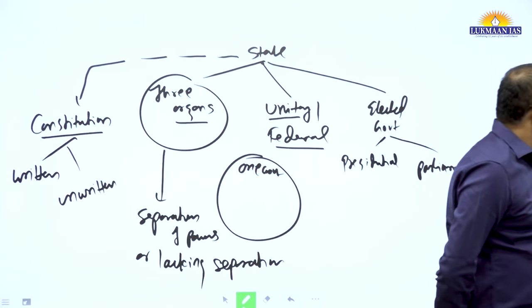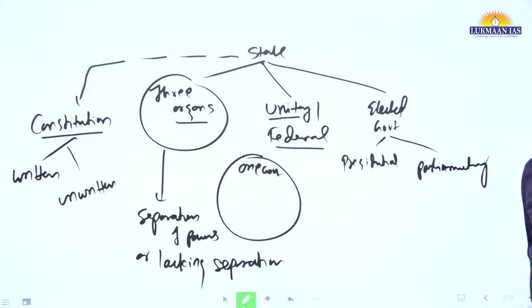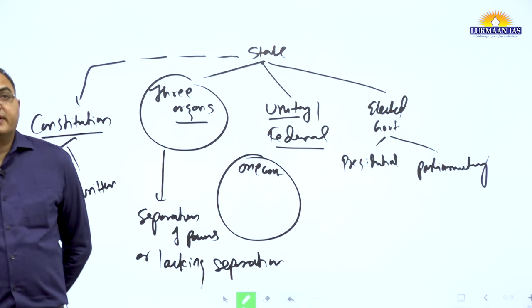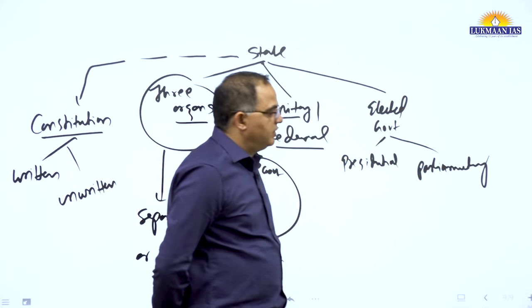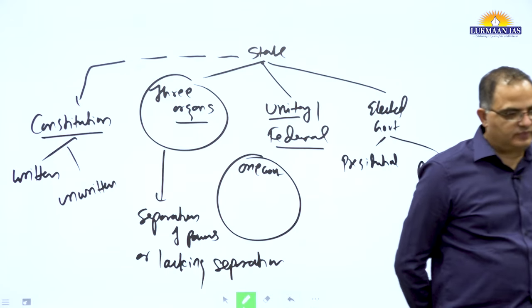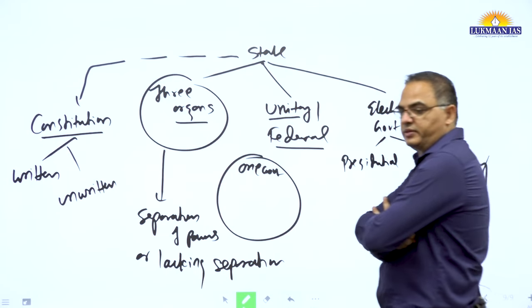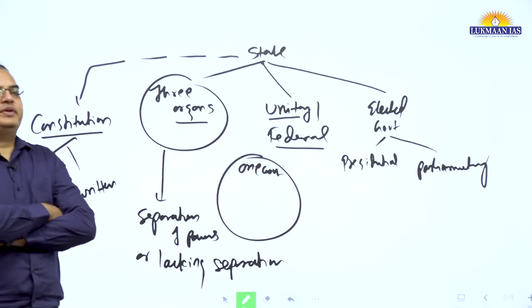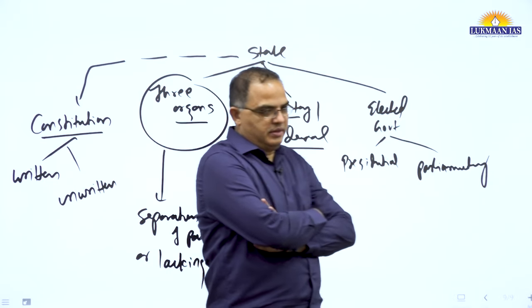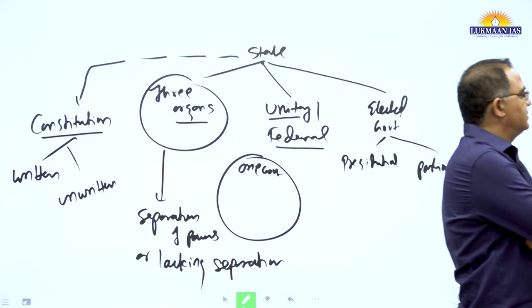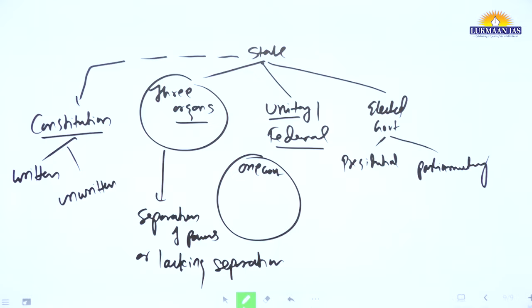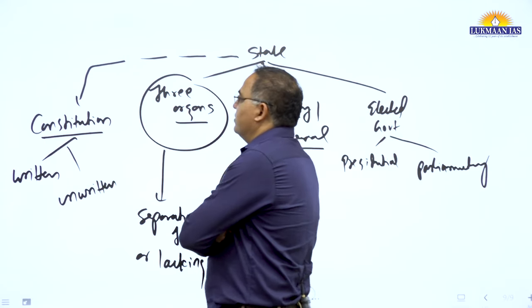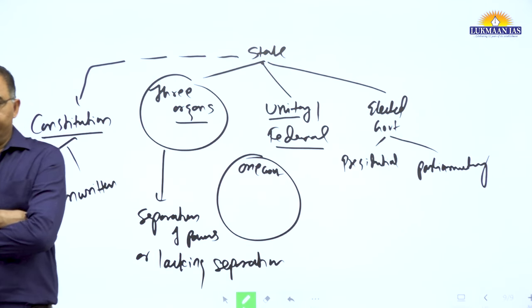The modern polity is characterized as democratic polity, which evolved during the 17th and 18th century with the following characteristics.